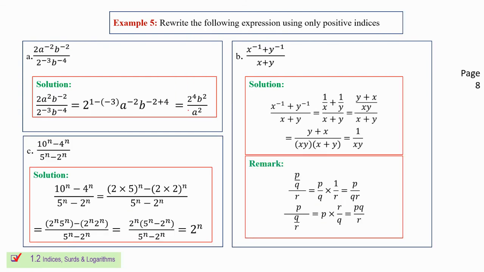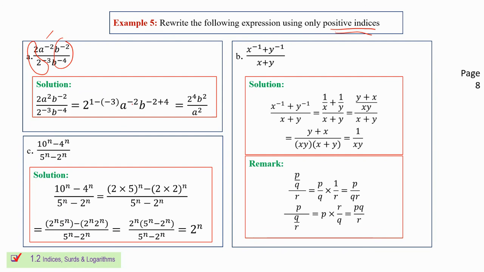And then let's look at example 5. Rewrite the following expression using only positive indices. This means that you cannot leave your answer in a negative form. Okay, so if we look here, 2 and 2 play together, A is alone, B and B play together. So 2 and negative 3, I bring up because it's divide, so it becomes minus 3.